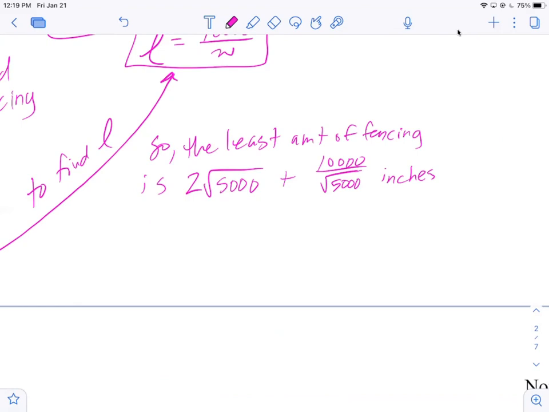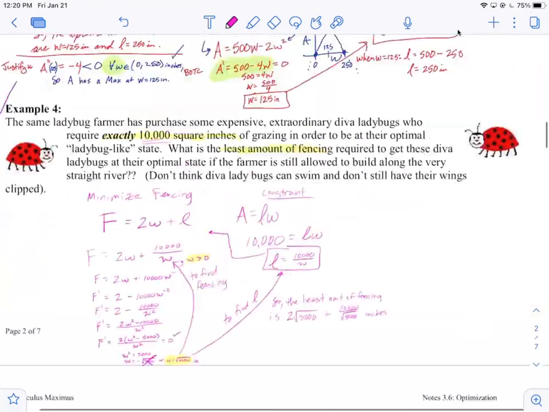It's an irrational number. So if you're the farmer, what do you do? You go to the next finite value smaller than that, or the next finite value bigger than that? Yeah, you go to the next hardware store, right? Irrational Ladybug Farming Supply, where the employees are temperamental, like the ladybugs themselves.